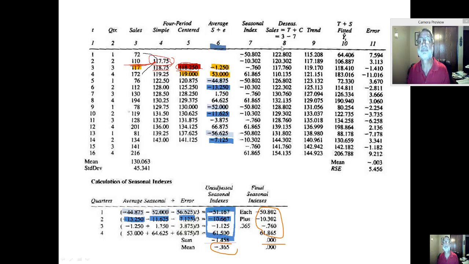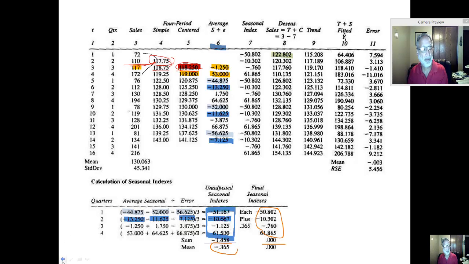Now notice, guess what I can do? Take a look at this number here. This number was gotten by subtracting the minus 50.80, which is the seasonal number, from the actual value.